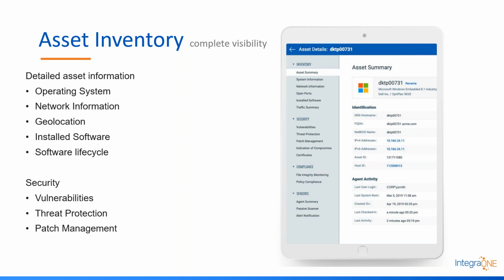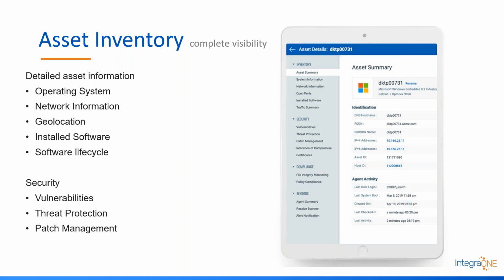And then also that security tab. So if you look to the right there, I've highlighted vulnerabilities, threat protection, and patch management. So a cool feature of the asset inventory, and you'll see this in the upcoming slides, is I can get the vulnerability status directly from the application.